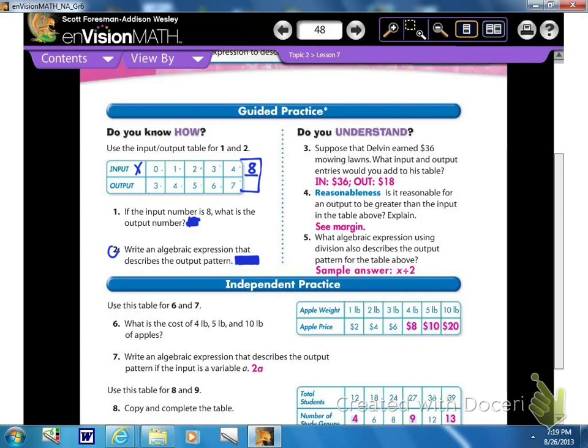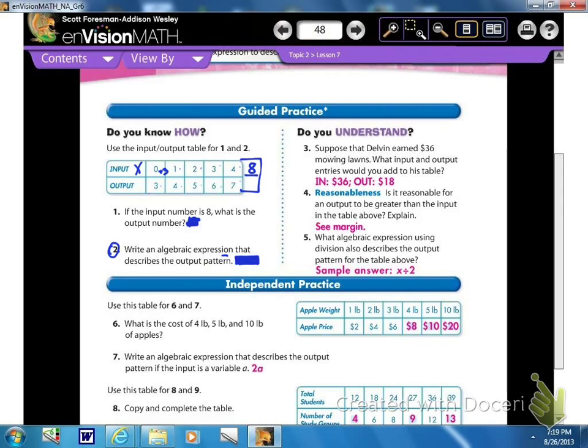So let's go ahead and jump to number 2, where it says write an algebraic expression that describes the output pattern. Pause me, and you tell me. Okay, and then push play. Well, I can see that every number is being increased by 3, right?